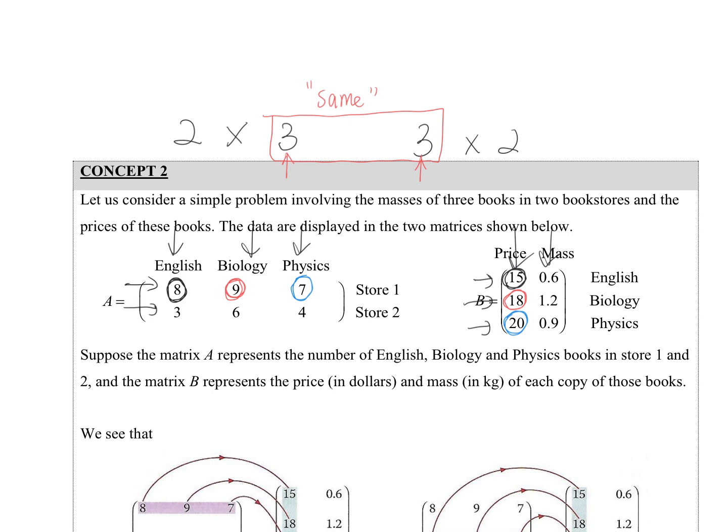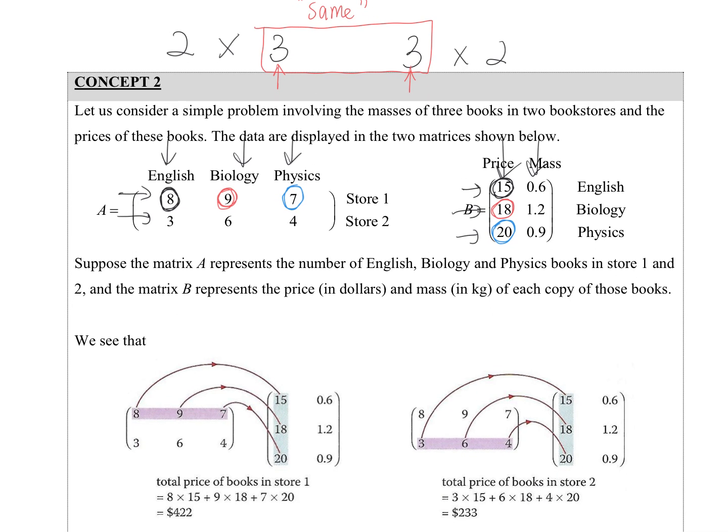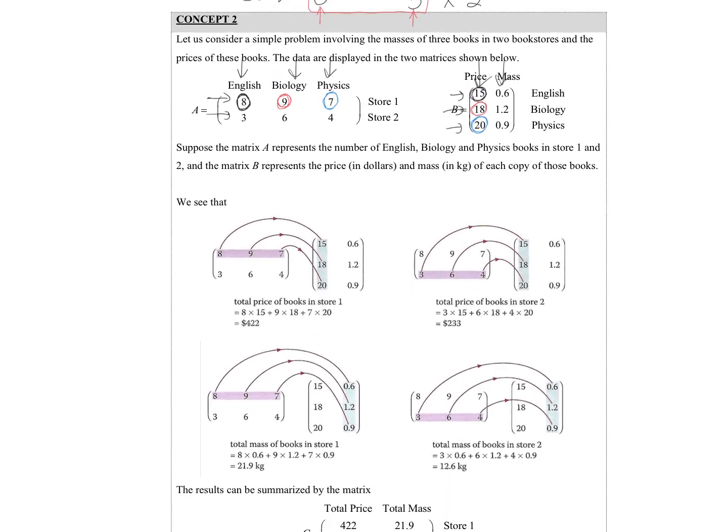So if you are trying to find the total sales of the English, Bio and Physics books in store 1, you will multiply this, and multiply this, and then you sum them up. So this is called the row by column multiplication. So when we multiply, you always use this row to multiply the first column, and then you get the first entry answer, which is this one.